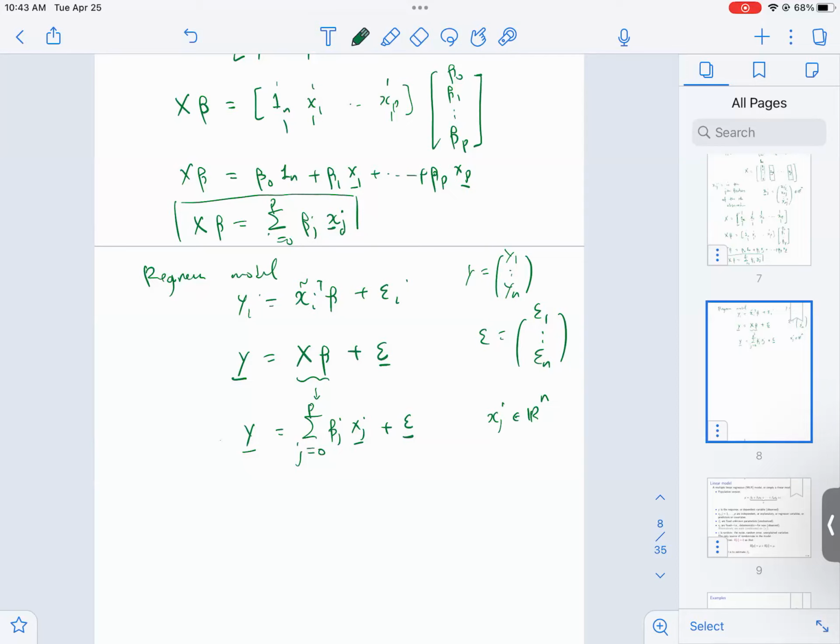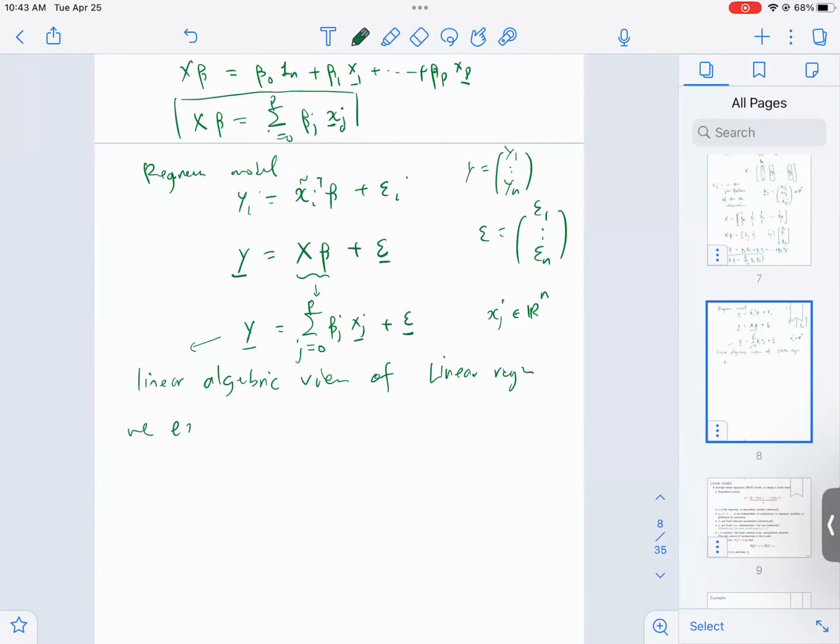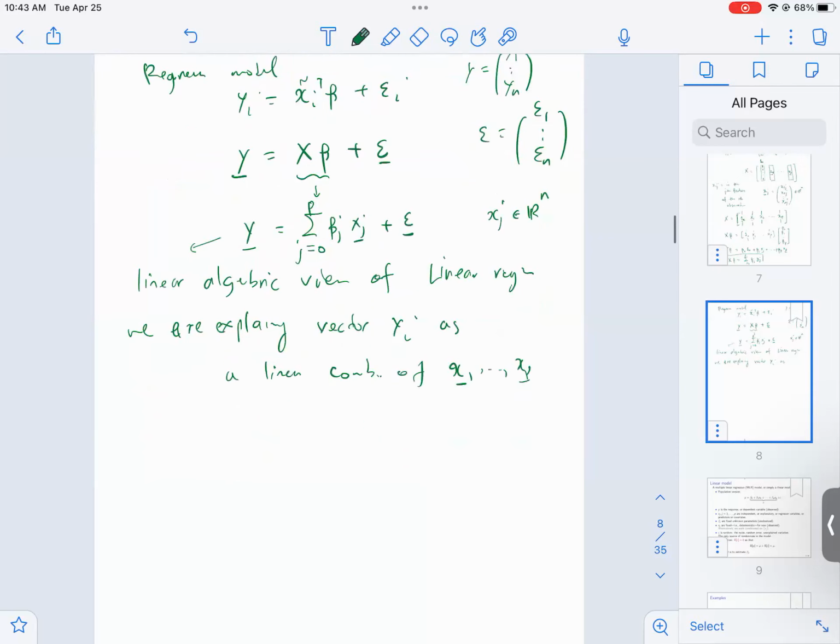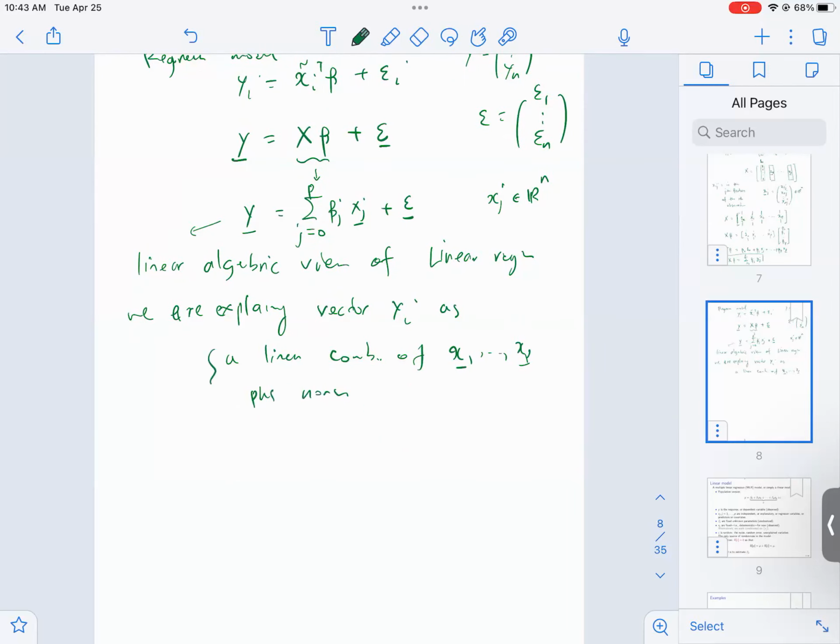So this is the linear algebraic view of linear regression: explaining the vector y as a linear combination of x1 up to xp plus noise, or equivalently as an element of the span of x1 up to xp.